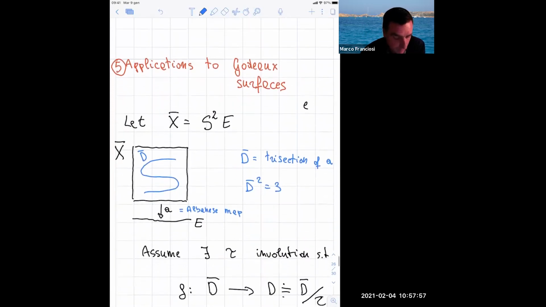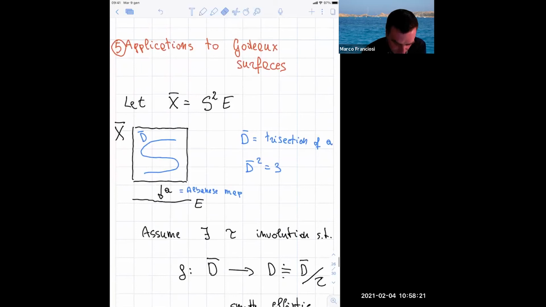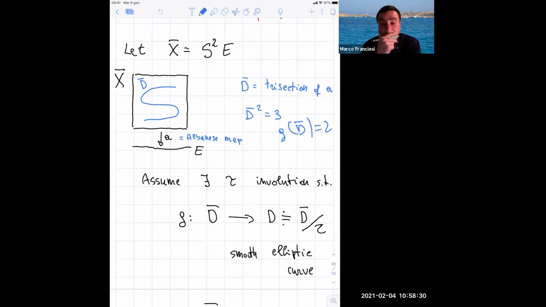So finally, I want to give you the application to Godeaux surfaces. So let's go back to our original motivation. We have X bar, which is S2 of E, and we have a map onto E, and we have an involution of the bar, which is a trisection of genus 2, which maps onto D, which is smooth elliptic.